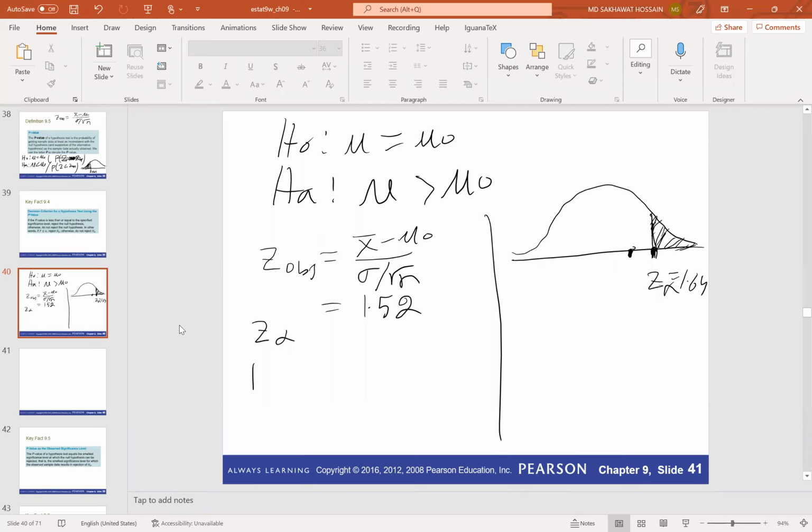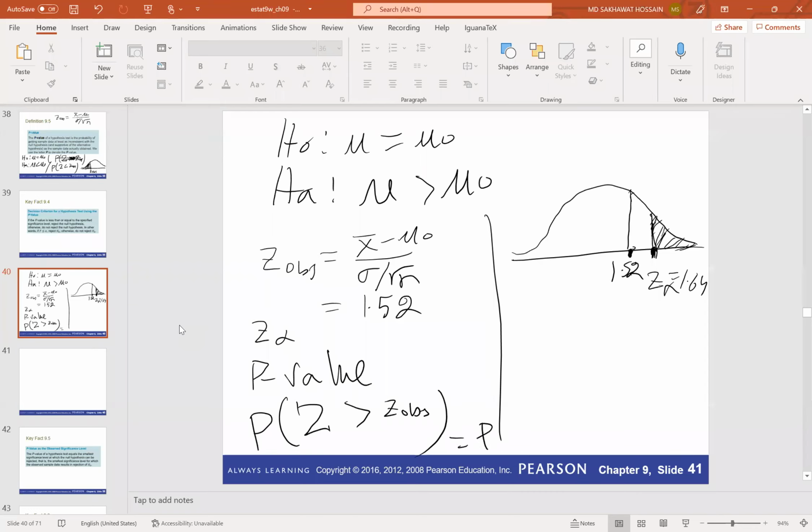Okay, so what is the p-value? The p-value is the probability of z greater than z observed. Sorry, this is 1.52. So what does it mean by probability of z greater than z observed?